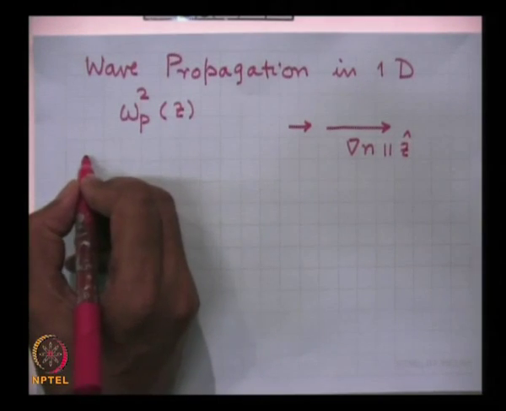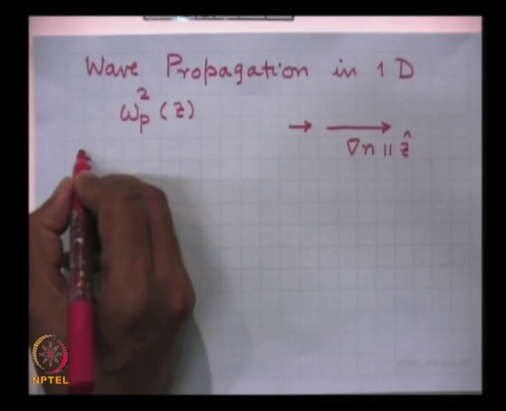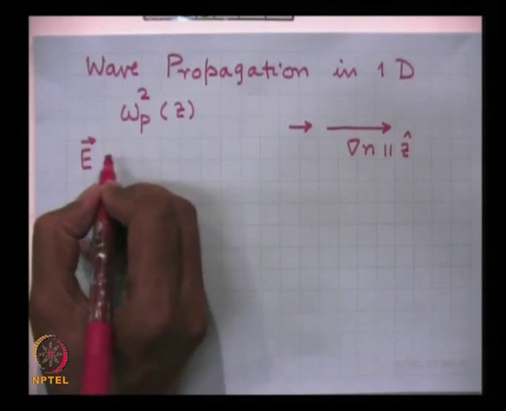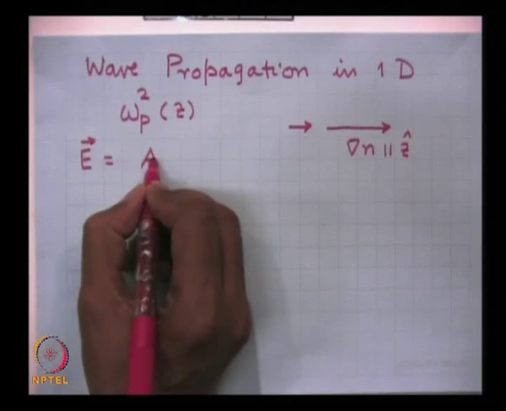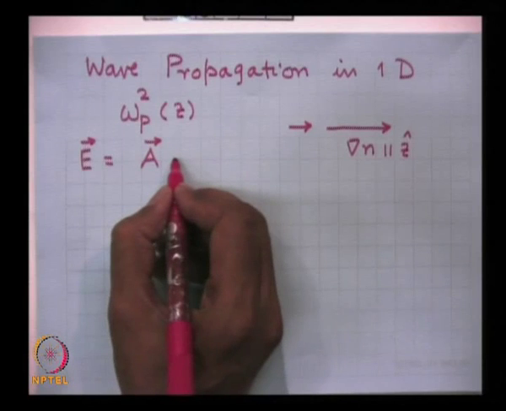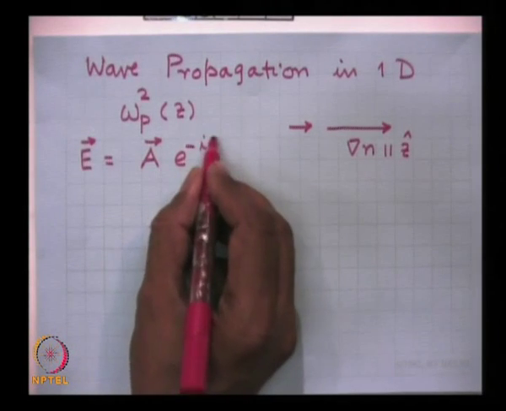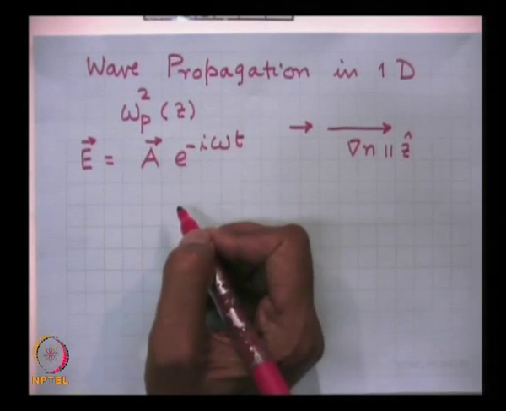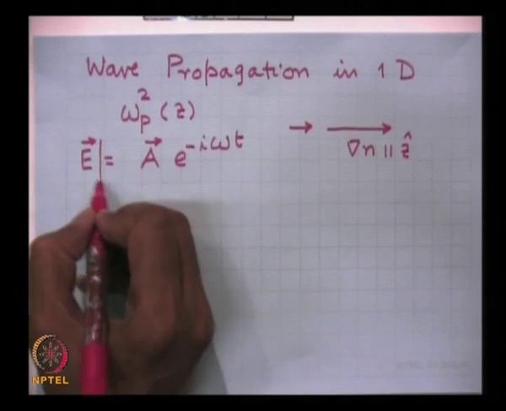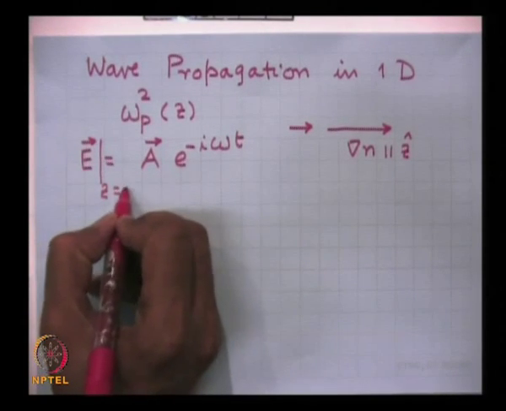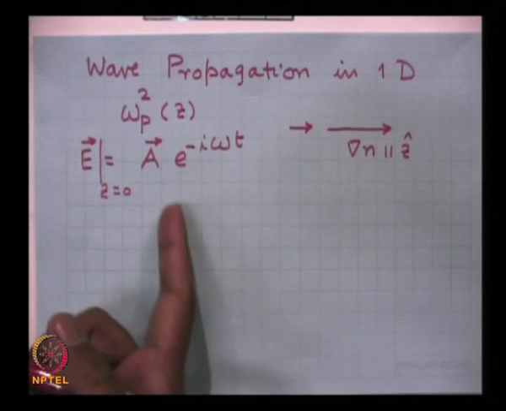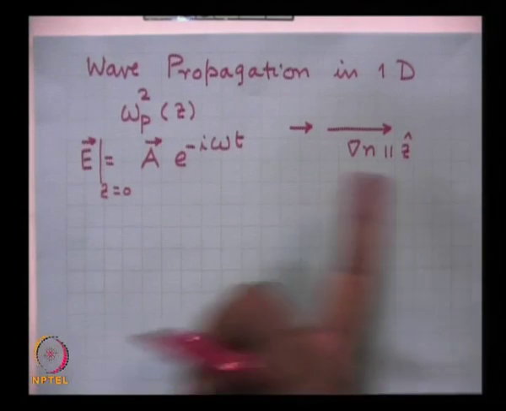My electromagnetic wave I can write down as E is equal to some amplitude exponential minus i omega t at z equal to 0. Say for instance, I would like to find out how the field looks at higher values of z.